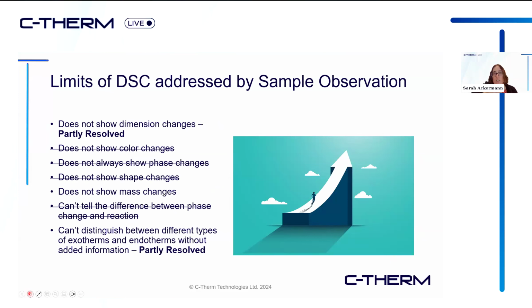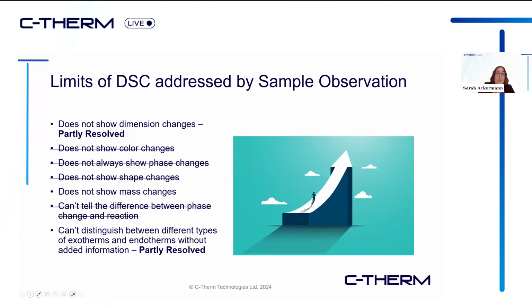So in terms of those limits we discussed previously about DSC, it can partly show the dimensional changes, although you can only quantify those dimensional changes in the case of very, very large ones, and also in 2 dimensions. So it's partly resolved that limitation. It does show color changes.